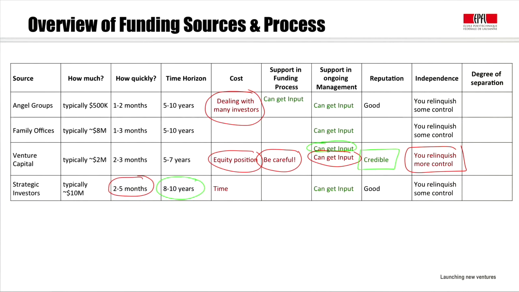They are independent people, and so you may have to deal with many investors. On the other hand, they can give you advice not only on the funding process, but also on management decisions. And they also give you a good reputation if you can say you received an investment from an angel group. That could be considered beneficial when you negotiate with other partners.